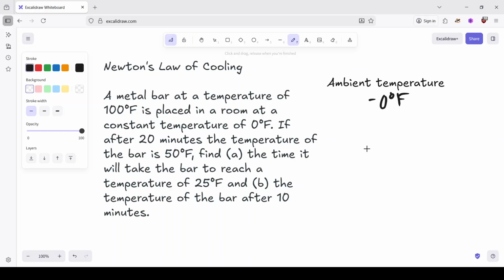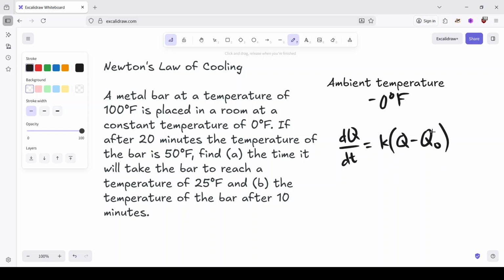So we can apply our equation dQ over dt is equal to k. But in this case, we have our ambient temperature. We can call the ambient temperature Q sub 0. In this example, the object has a higher temperature than the ambient temperature, so it is object minus ambient temperature.